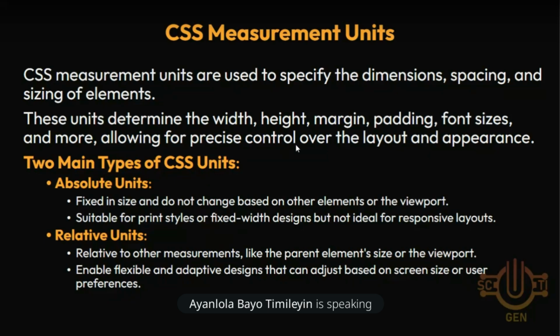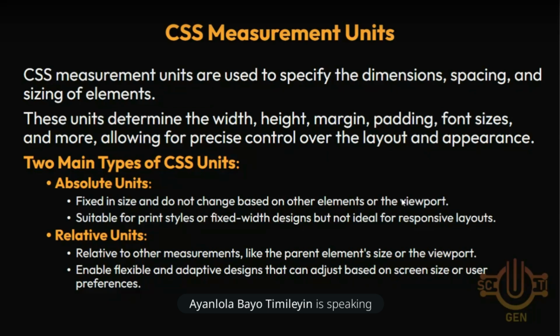Absolute units are fixed in size and do not change based on other elements or the viewport. So when you set, for instance, pixels, that's px, it is a good example of an absolute unit. All right, and if you set, for instance, 20% of font size on an element, that element will remain 20% across all screen sizes because it is absolute and then it remains fixed.